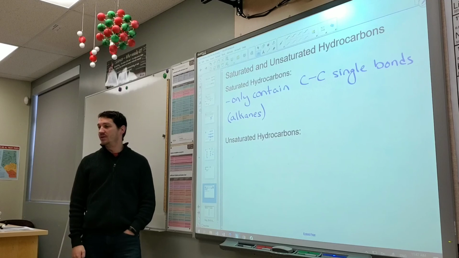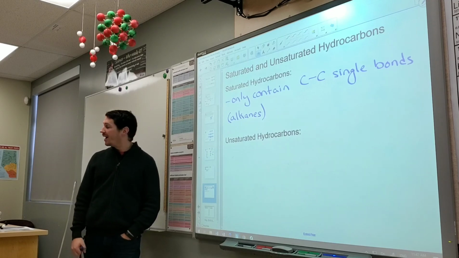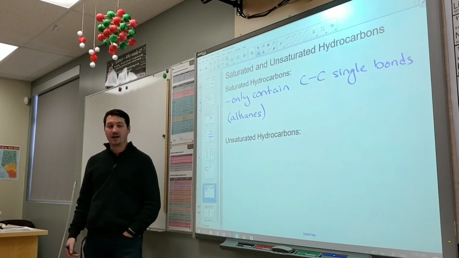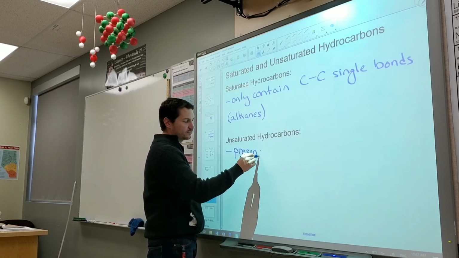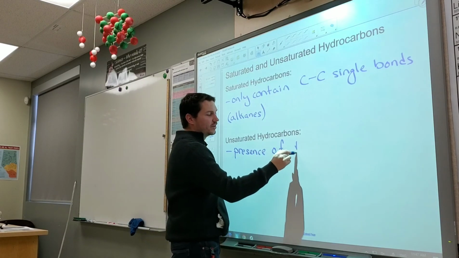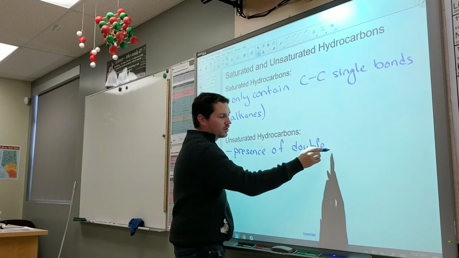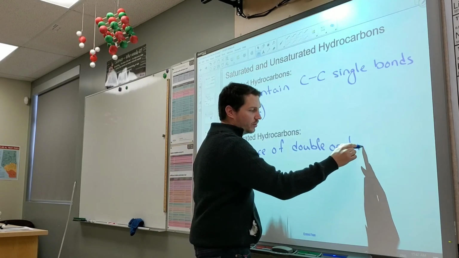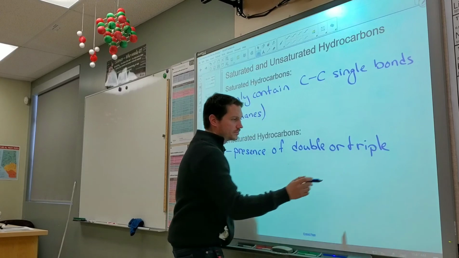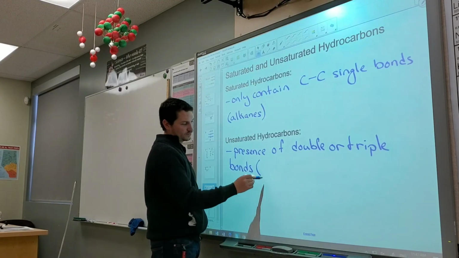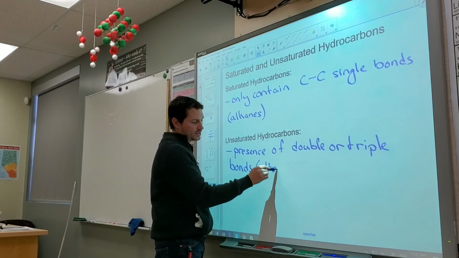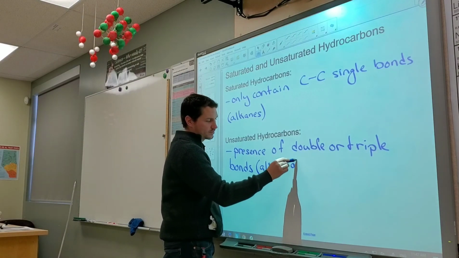Unsaturated hydrocarbons are alkenes and alkynes. There is the presence of either double or triple bonds.